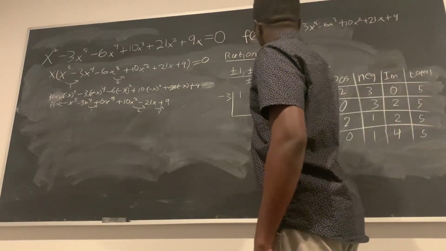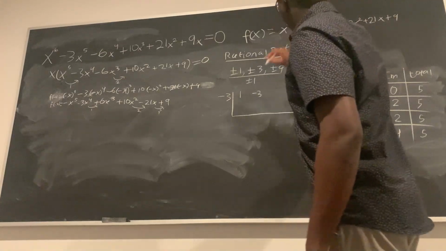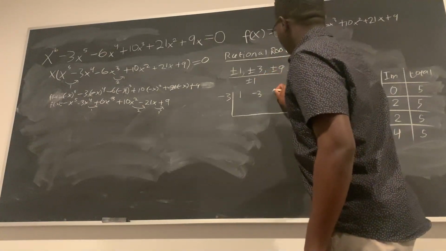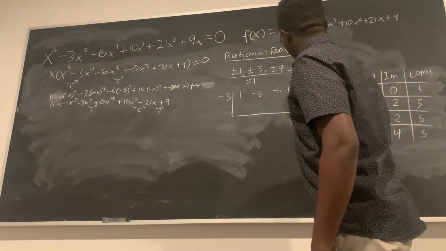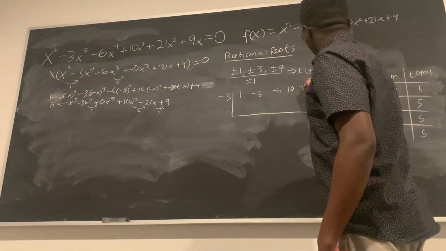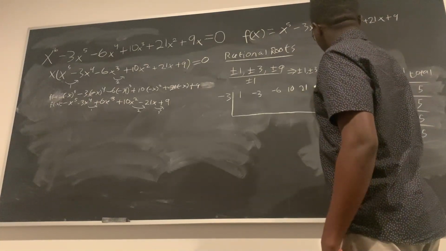And so, well, we have 1, negative 3, we just copied down our coefficients, negative 6, 10, 21, and of course, 9.